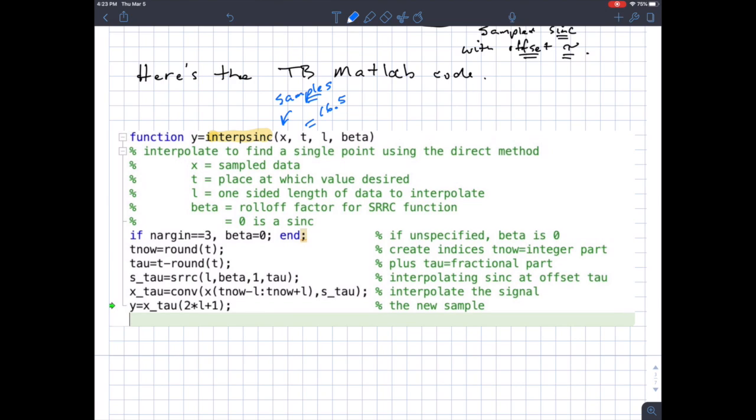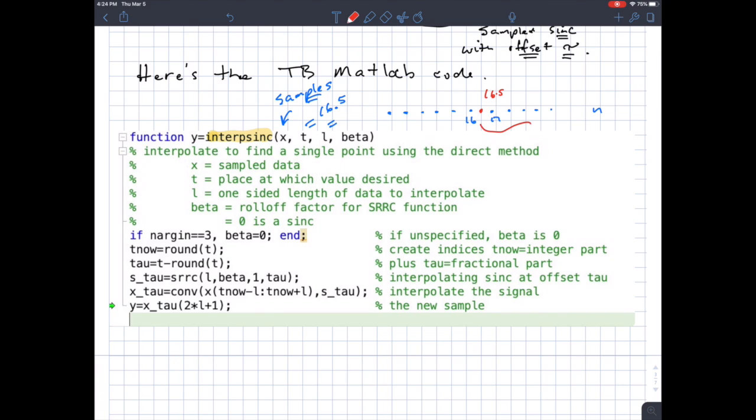Between sample 16 and 17 is 16.5. And then L is going to turn out to be the number of data samples that you use before sample 16 and after sample 16. So I have the samples marching along like this. I come up on sample 16, then there's sample 17, and I keep going. This is the sample axis. I want sample 16.5.